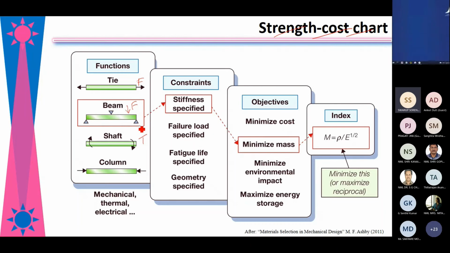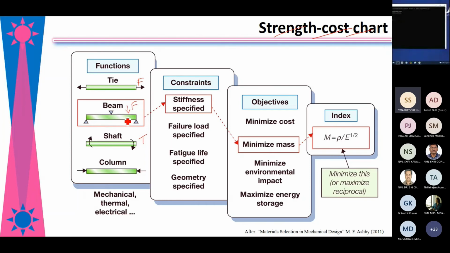So for example, if you have this beam and you want to have this beam with stiffness specified, meaning that with the load, the deflection is minimal. So stiffness is specified. This is the constraint for designing this beam, and your objective is to minimize mass. So you have to choose a material which can reduce the dimensions, because density is fixed, for example.